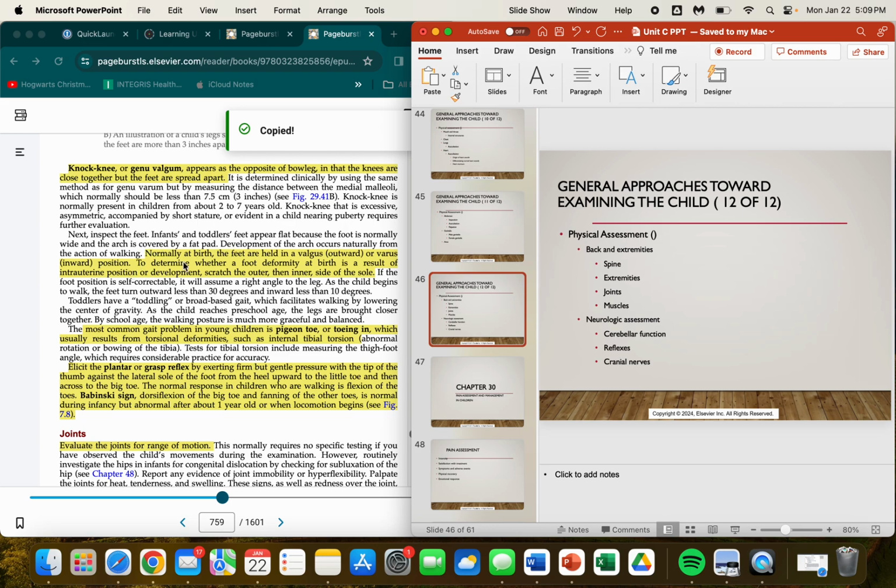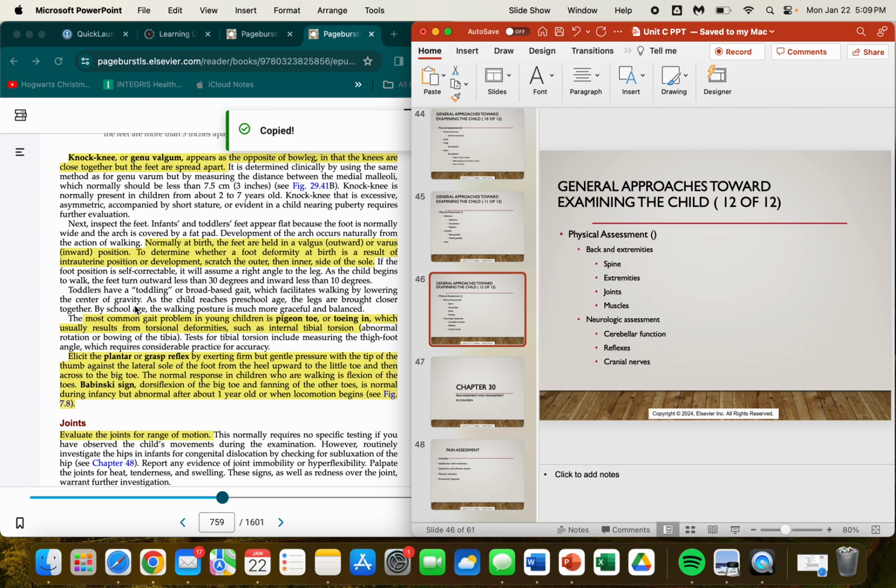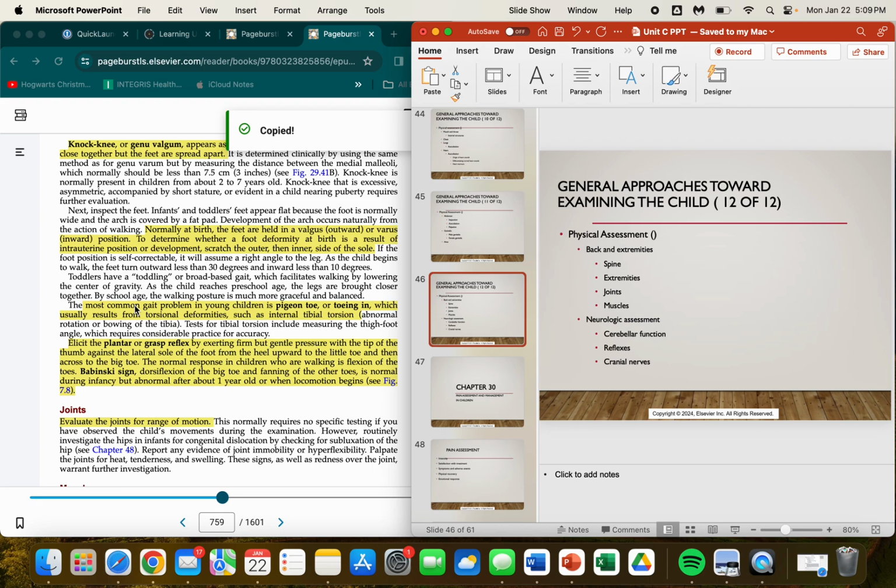Typically, their book talks about how at birth, their feet are held in a valgus, or outward, position, or a varus, or inward, position. To determine whether they have a foot deformity at birth, doctors typically scratch the outer and inner side of the sole to ensure the child can move the foot appropriately.